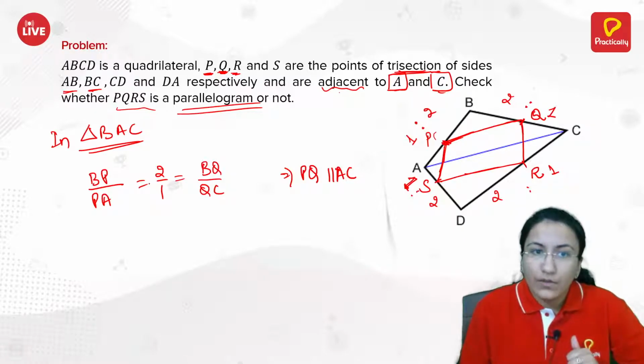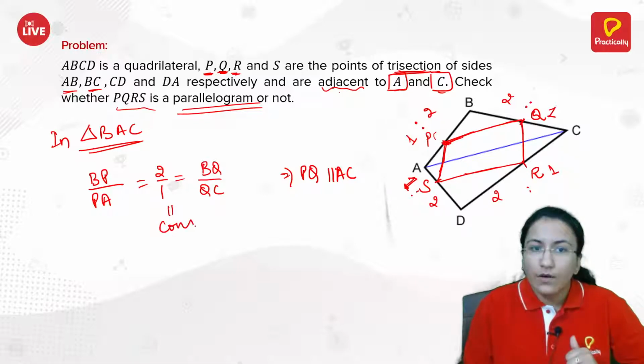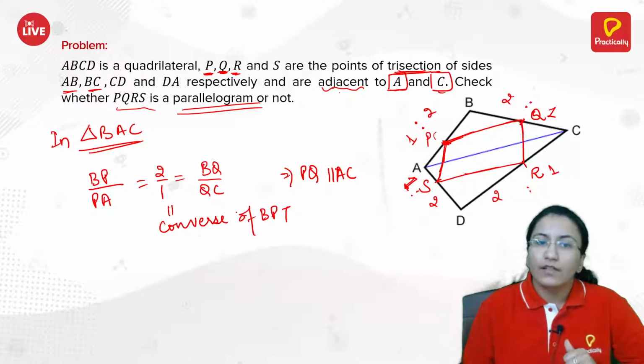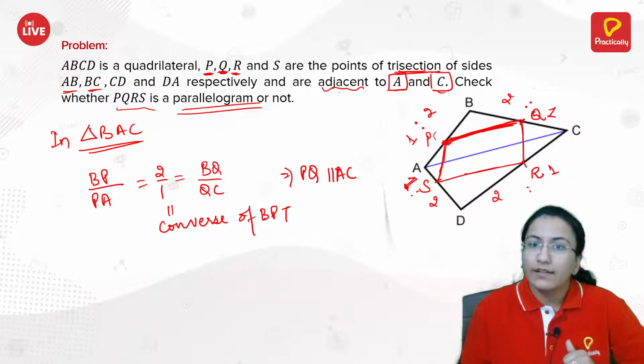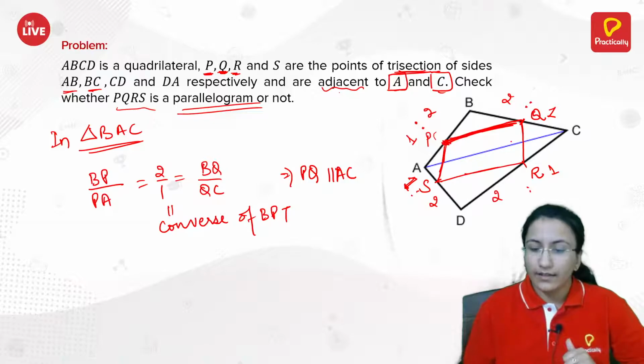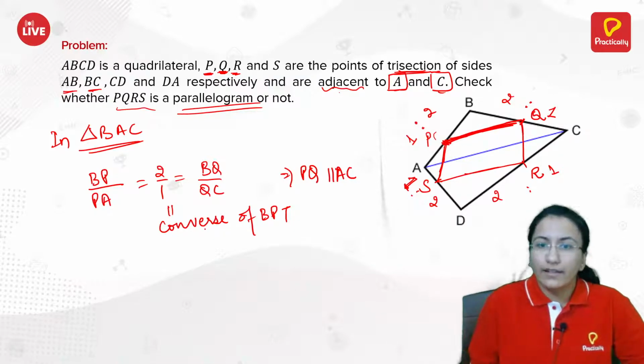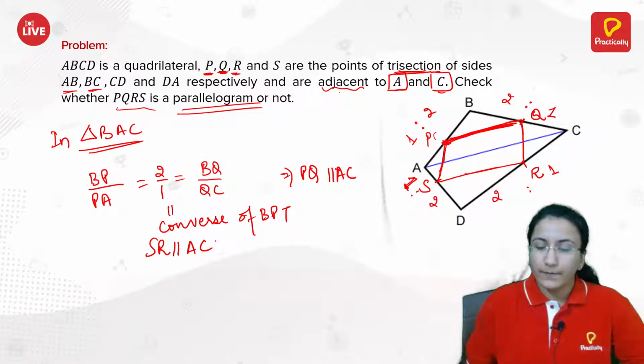So using this result, you will apply the converse of the basic proportionality theorem, and after applying it, you will have this side parallel to AC. In a similar way, while applying it for triangle DAC, you will have SR parallel to AC.